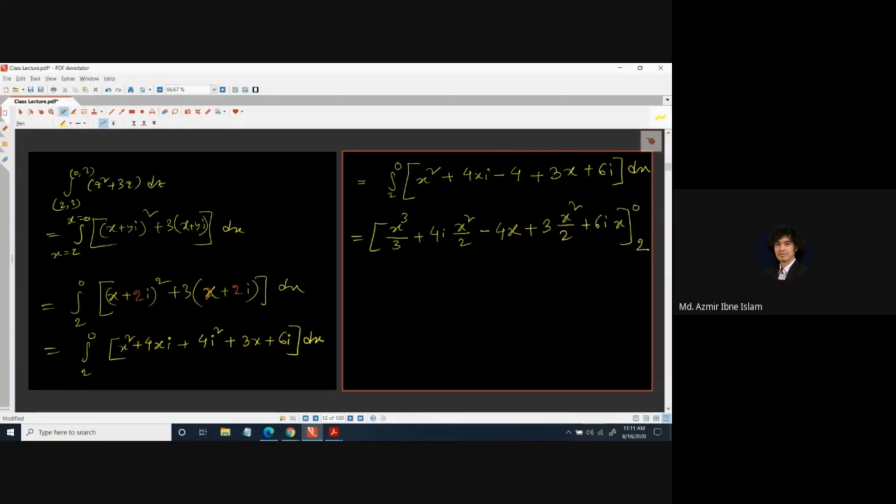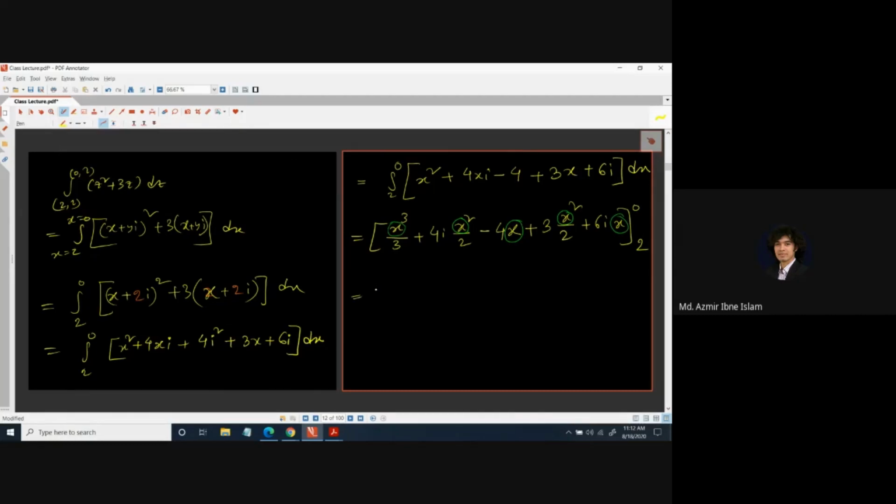Upper limit 0, lower limit 2. Now we have to apply the fundamental theorem of calculus, that is antiderivative at the upper limit. So for this we need to locate x. Here we need to input 0 at first, then we need to input 2.